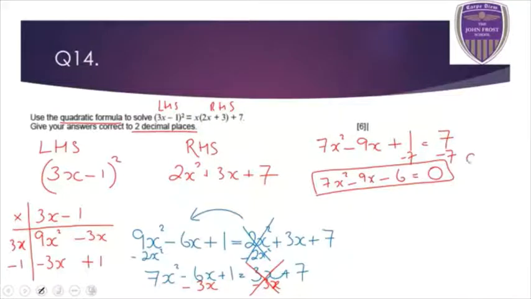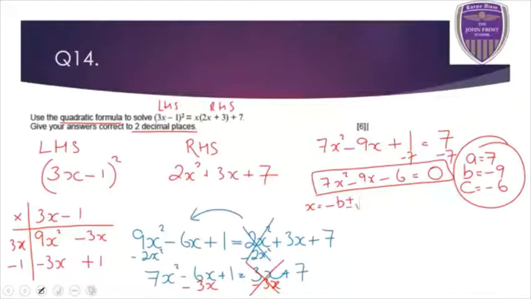Okay, your a value is the coefficient of x squared, which is 7. Your b value is the coefficient of x, which is minus 9. And c is whatever is left over, which is your minus 6. So in your formula, you will have x equal to minus b plus or minus the square root of b squared minus 4ac, all over 2a.